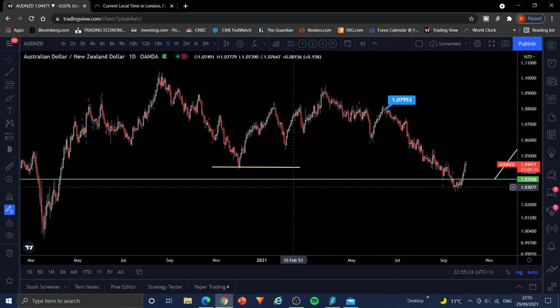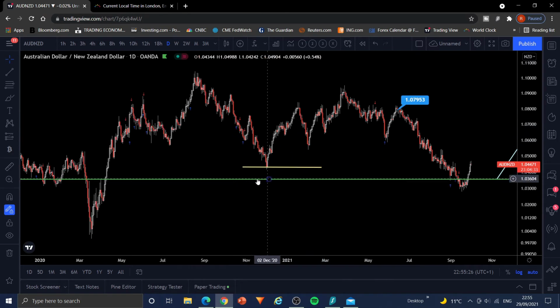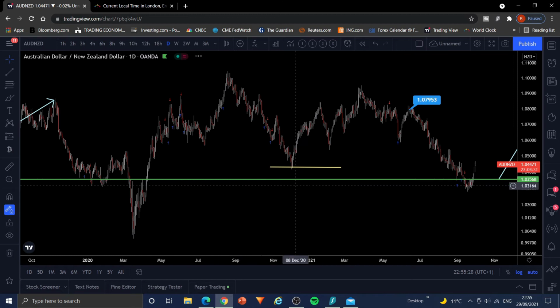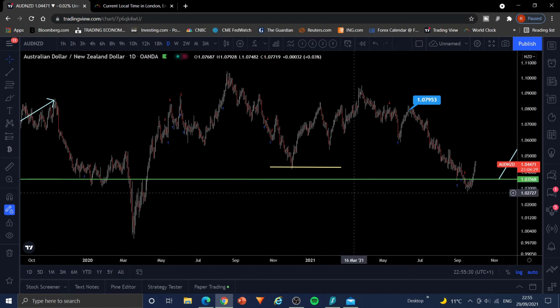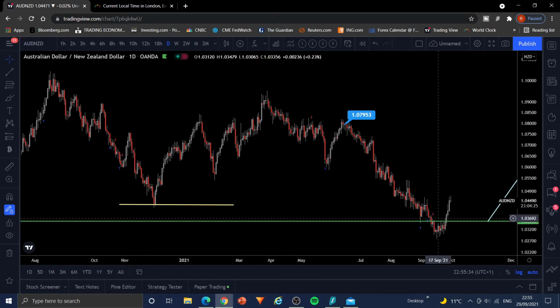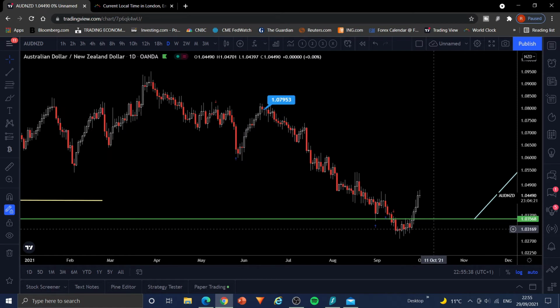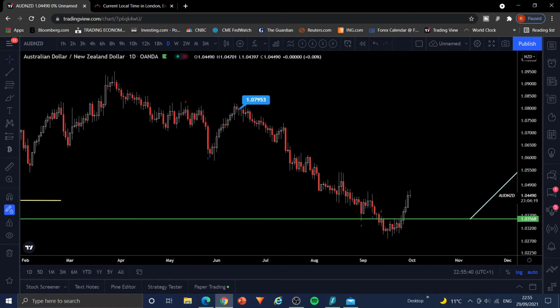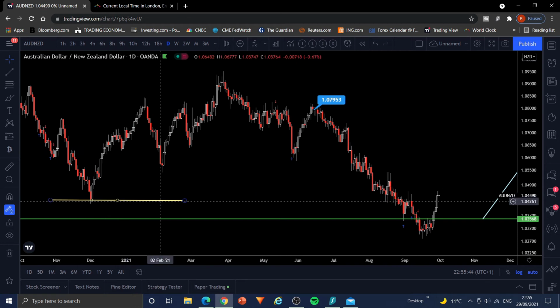Now, just look at what's happened, guys. This green line has been here for absolutely months. Just down here I took a shot at getting long prematurely because I got bombed out. But now look at what's happened, guys. Price has come down in and defeated this level, as I originally mentioned.